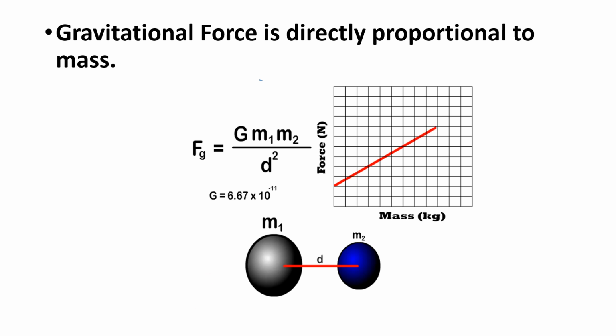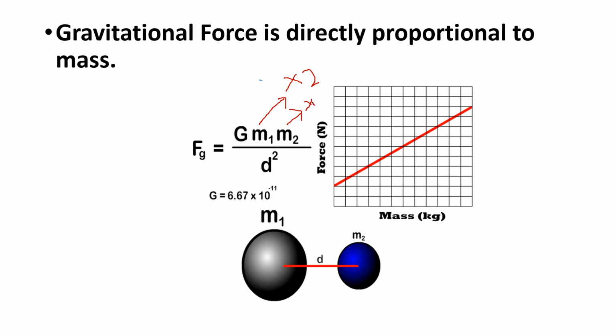So let's do an example here. Say one of the masses is increased 2 times, and the second mass is increased, say, 3 times.